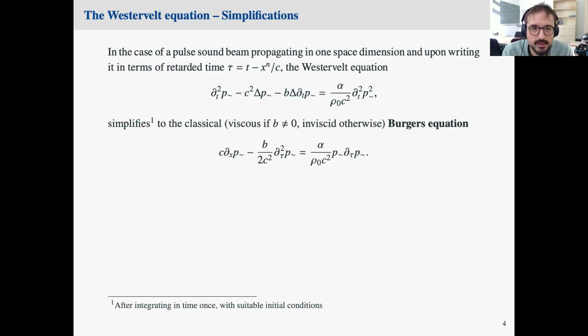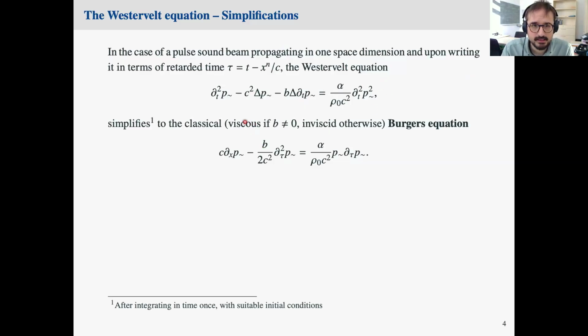So I'm going to mention some simplifications, mainly because they're going to come up in our analysis later. If we're looking at a pulse sound beam that is propagating in one space direction, if you write it in terms of retarded time, then there are certain simplifications you can consider.